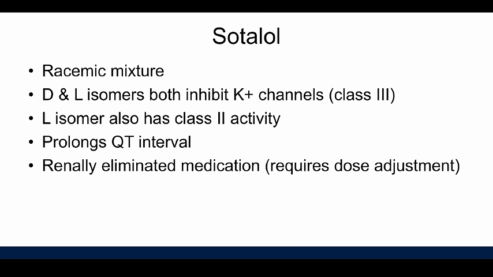So again, just reinforcing that sotalol is a class 3 antiarrhythmic drug with some class 2 activity. It does prolong the QT interval, as many class 3 drugs do, and so you need to watch for that. Amiodarone has class 3 activity and prolongs the QT interval. Sotalol is a renally eliminated medication. We talked about the fact that it may require a dosage adjustment, and something that the pharmacist should be evaluating in their patients.